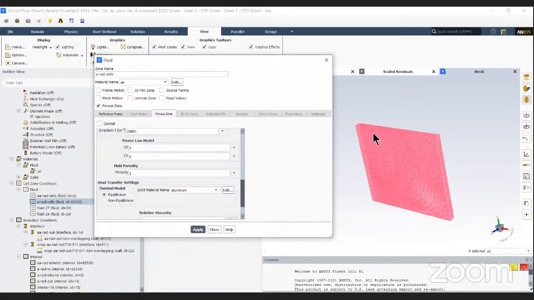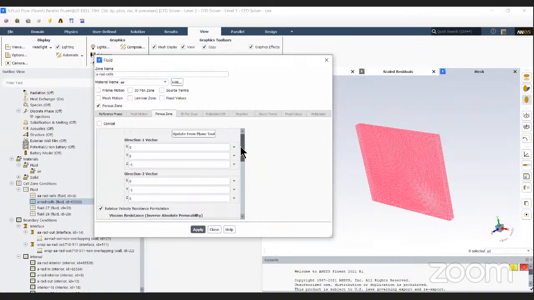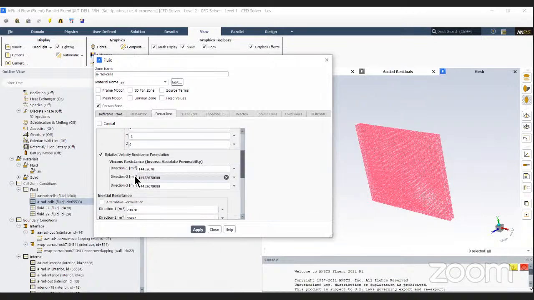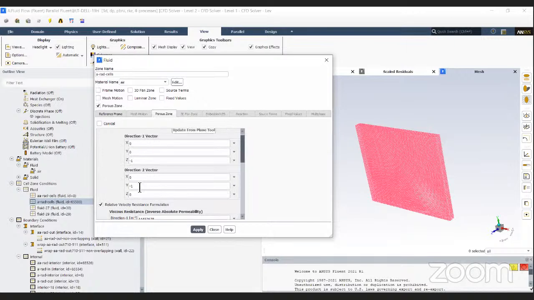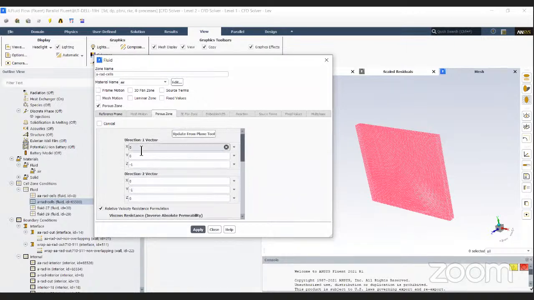The heat exchanger solid body, which we are not actually modeling. So how do we do that? I already talked about calculating the inertial and viscous coefficients. This is where you define them. And the first thing that you do is define the direction of flow. In this case, the direction of flow is in the -Z direction, right?